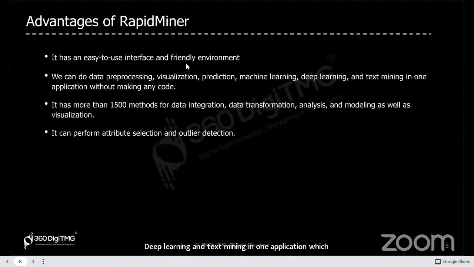RapidMiner allows users to perform a wide range of data science tasks, including data pre-processing, visualization, prediction, machine learning, deep learning, and text mining, all in a single application. Users can accomplish these tasks without writing a single line of code, thanks to RapidMiner being a no-code development platform with drag and drop functionality.